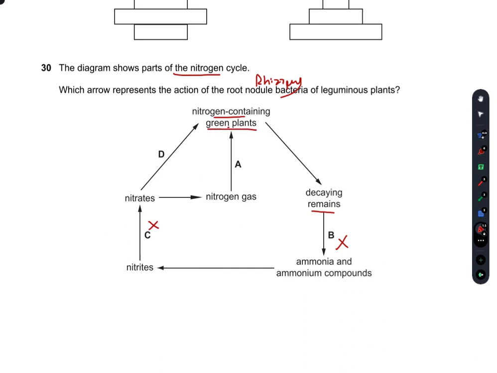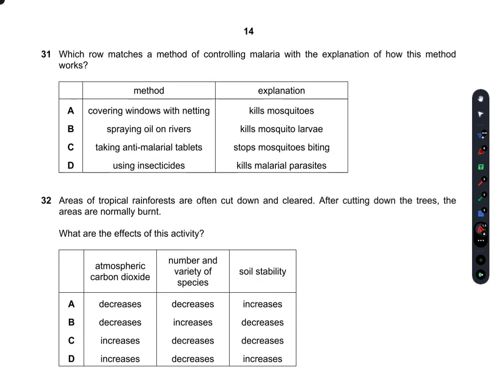No, nitrogen gas is converted into nitrates by the rhizobium in the roots, and then these nitrates are absorbed by the green plants. So A is the right answer.